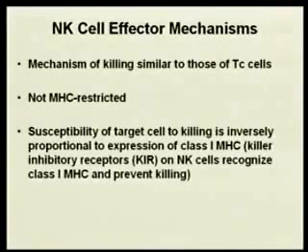The cytotoxic T cell will recognize MHC class 1 associated with a peptide. NK cells typically recognize the absence of MHC class 1. So if a cell, for some reason, stops expressing MHC class 1, NK cells will see that cell, recognize it as having a problem, and then kill that cell.